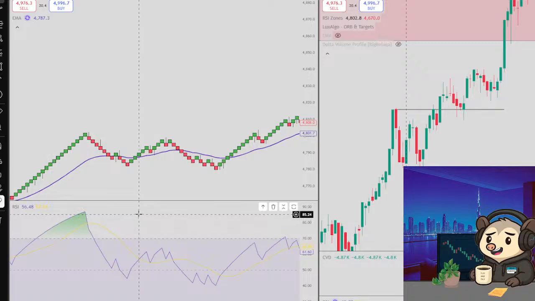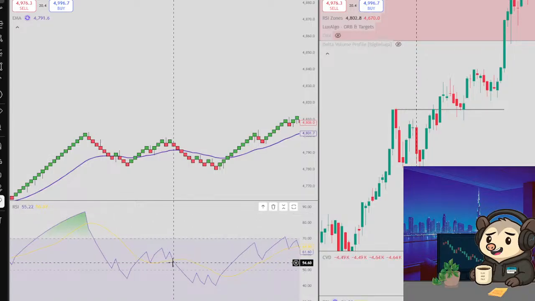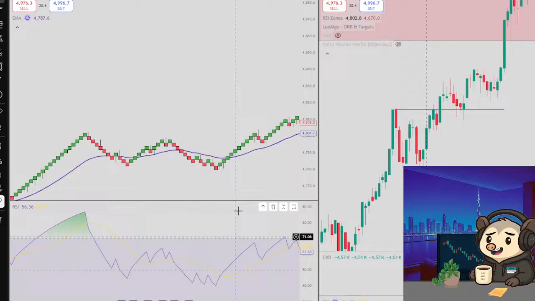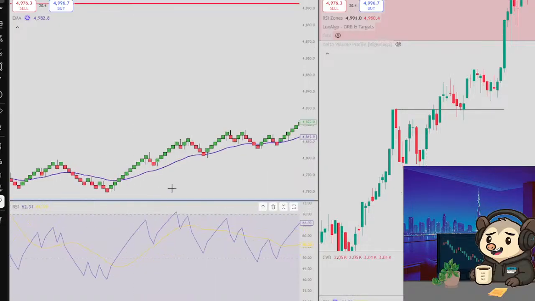And then you get a cross and buy, cross and sell, and it looks so calm. It looks like it should be that easy. But then you get the moments where it just starts chopping, and then it's like, oh, never mind. Like here, this is a significant distance, right?